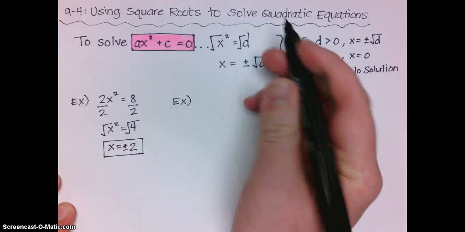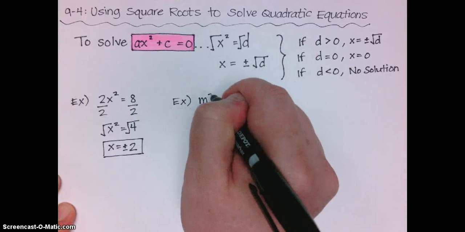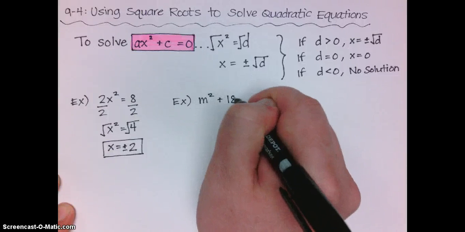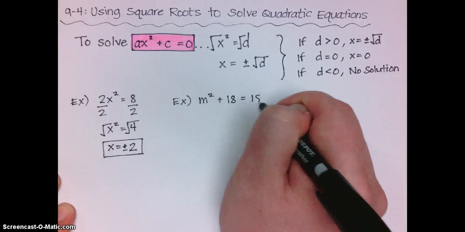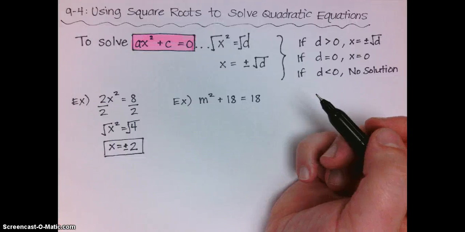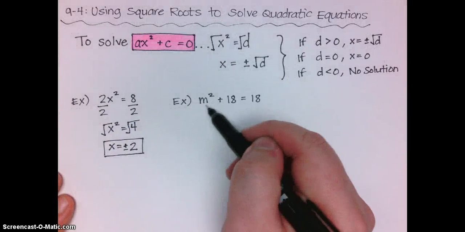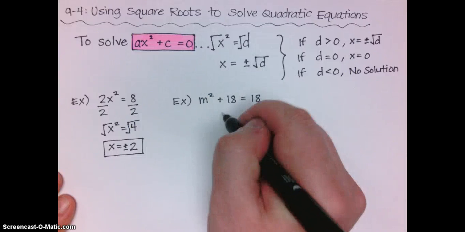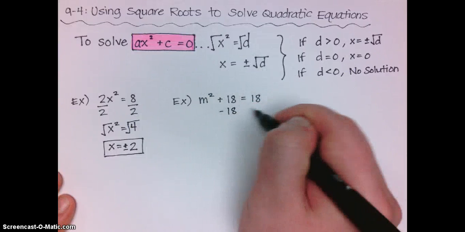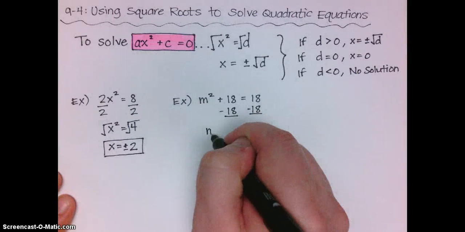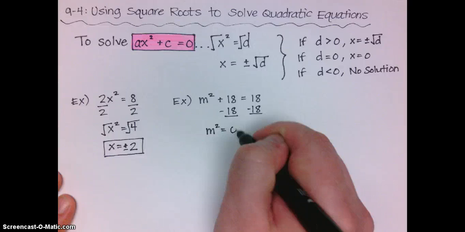If, for example, you have another one that says m squared plus 18 is equal to 18, again, I need to rewrite this equation so that I have the variable squared all by itself. In this case, I'm going to subtract 18 on both sides. I'm going to have m squared is equal to 0.